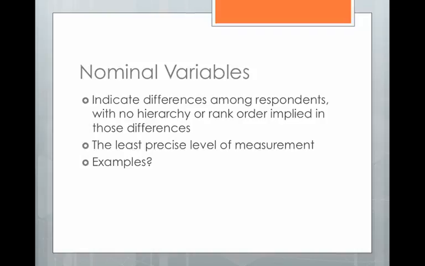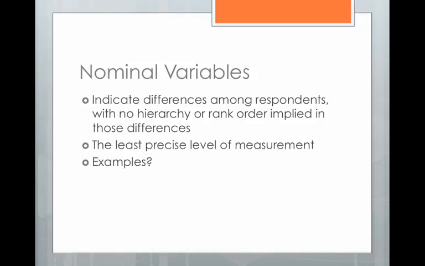What are some examples of nominal level variables? Well, one that comes to mind is the variable sex, male or female. Oftentimes people will put those categories in that order, male and then female, or they'll put them alphabetically. There's no rank or hierarchy there. Same when we're talking about race.